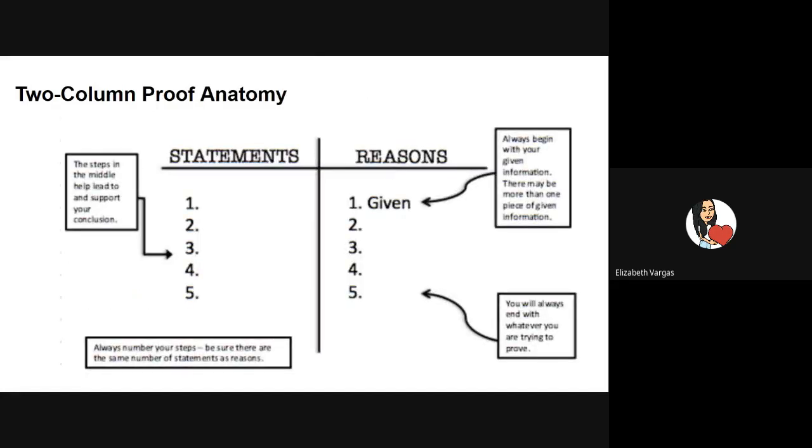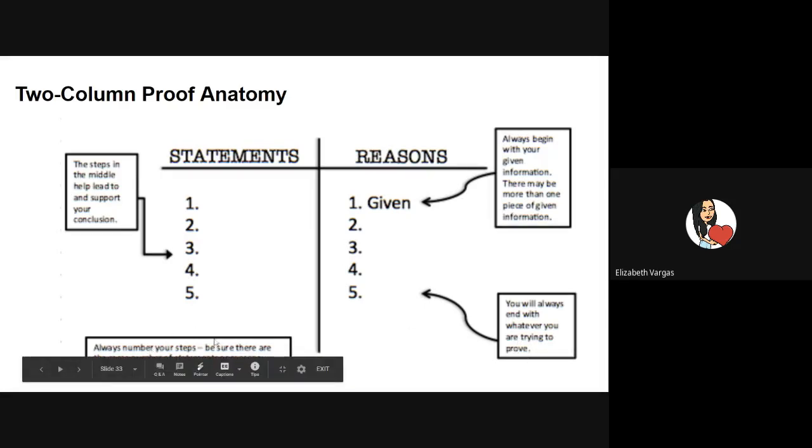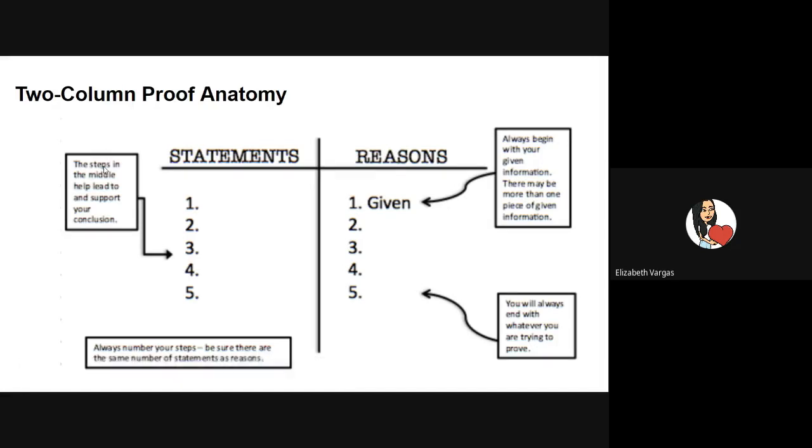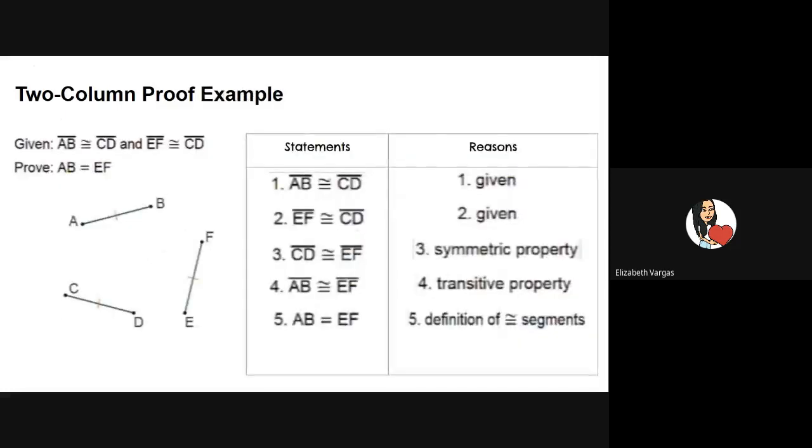So basically, here's just the anatomy of it. We always start with our given, right? We always end with what we're trying to prove. And you always number your steps because you do have a certain number of steps. And then the middle section leads you to your conclusion. So you start with your given and your conclusion, and the middle steps put each reasoning for how you get to that end proof.